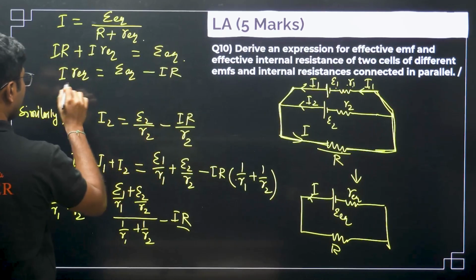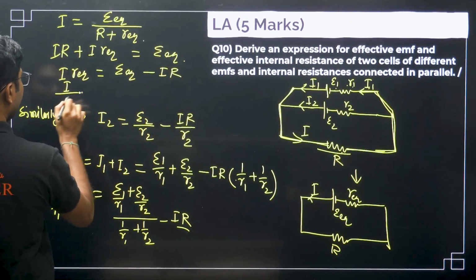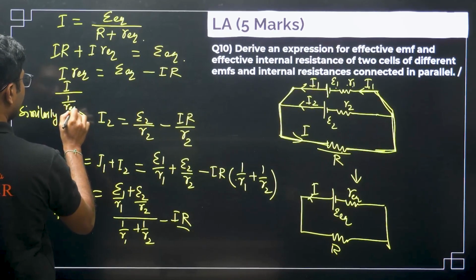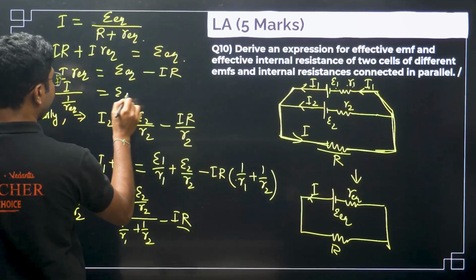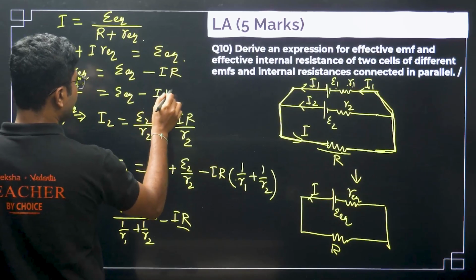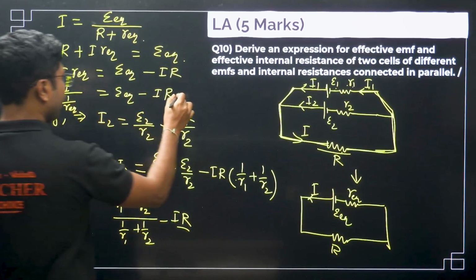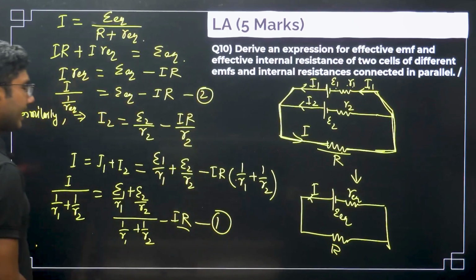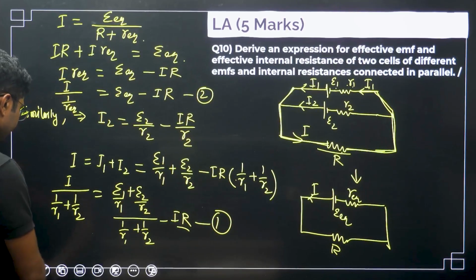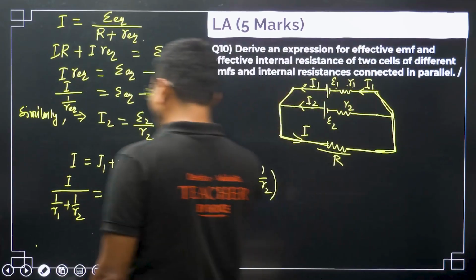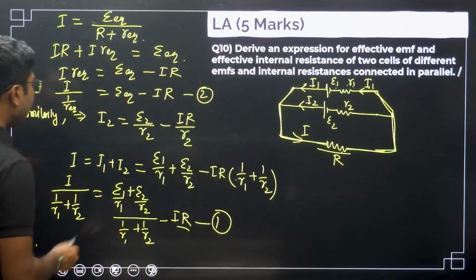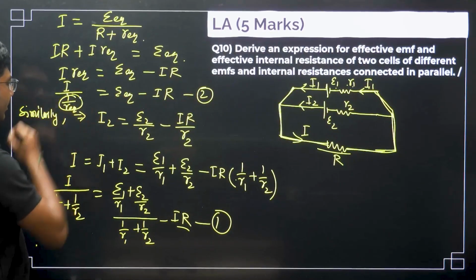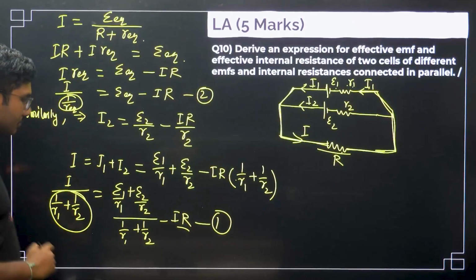Or I divided by 1 by R equivalent equals epsilon equivalent minus IR. Now if you compare these two equations, equation 2 and equation 1, what you will get? Basically, here we have 1 by REQ, so 1 by REQ must be equal to this.